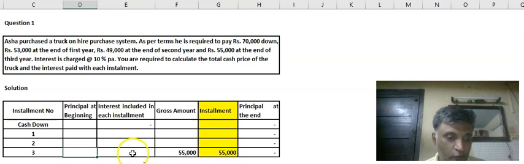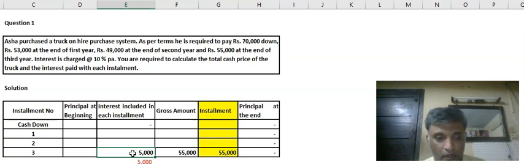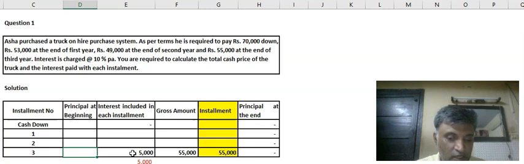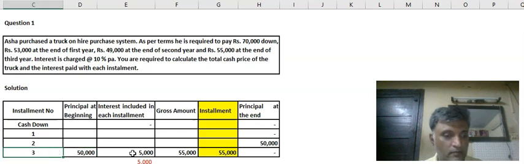So if you calculate 55,000 into 10 by 110, you will end up at 5,000. If that is 5,000, obviously the principal has to be 55 minus 5, which is 50,000. Make sense? So the principal outstanding at the beginning of the third year is 50,000. So we are working back.